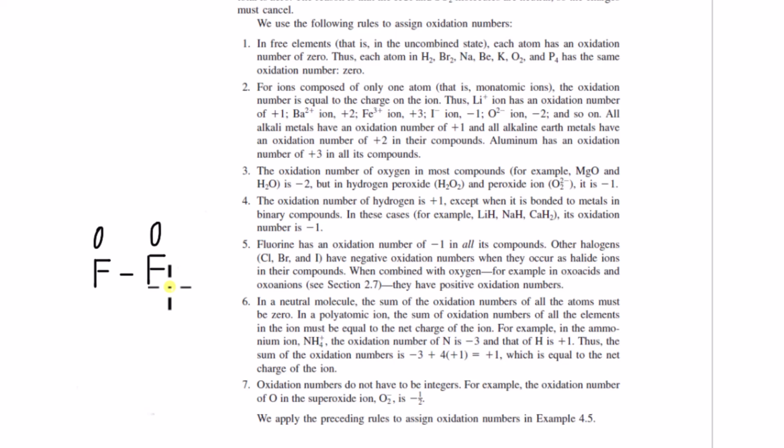Okay, so the rules we just went over were referring to any circumstance where an alkali metal, an alkaline earth metal, or a fluorine atom is in a compound, which means it's bonded to some other type of element. And therefore, there's polarity at play, differences in electronegativities. Then in those cases, in all circumstances, no exceptions, an alkali metal is going to have an oxidation number of +1, alkaline earth metal +2, and then fluorine -1.